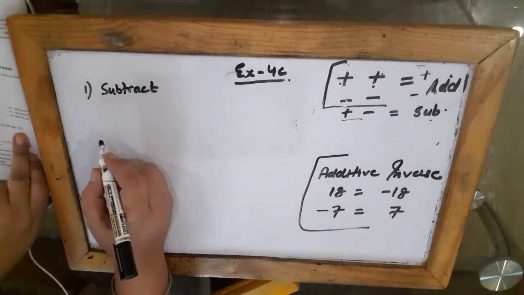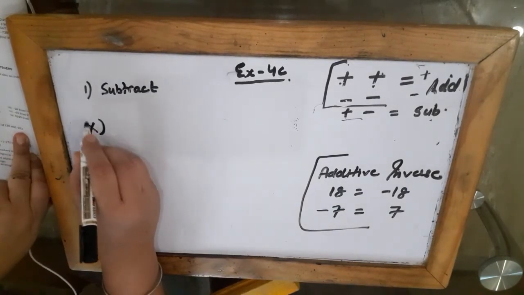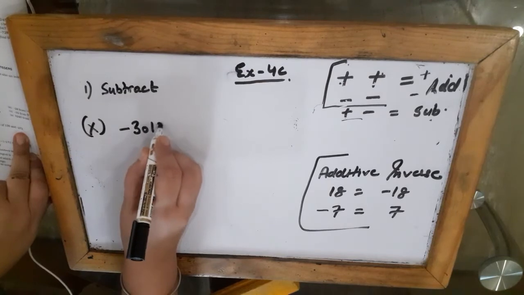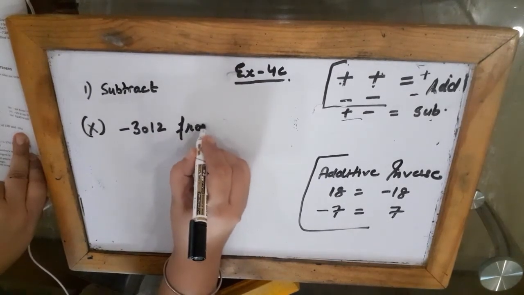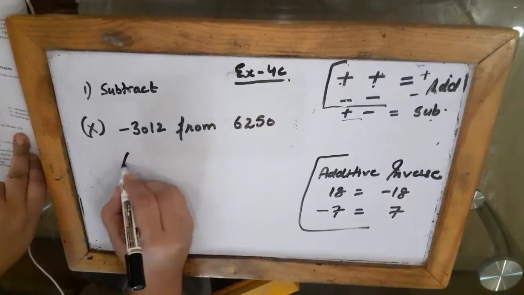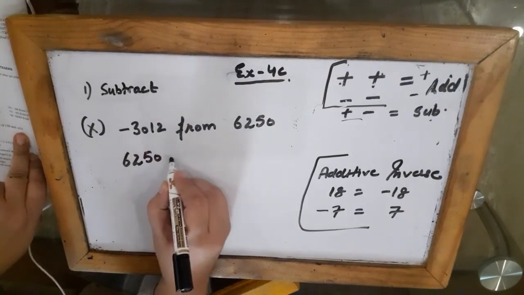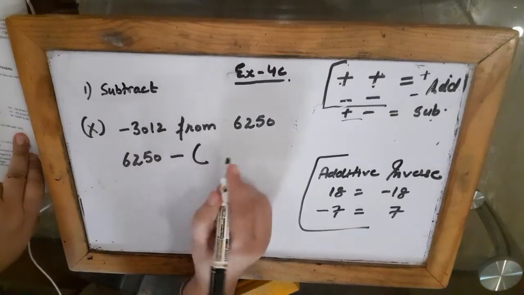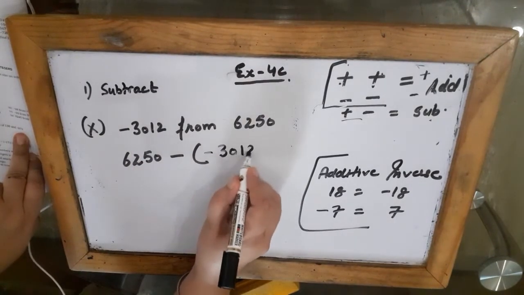They are saying, let me take the 10th part, minus 3012 from 6250, means from 6250 I have to subtract minus 3012.